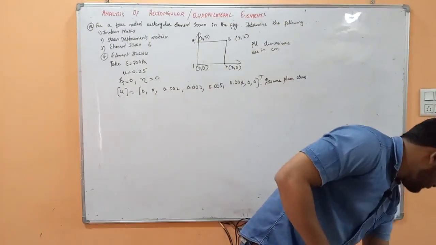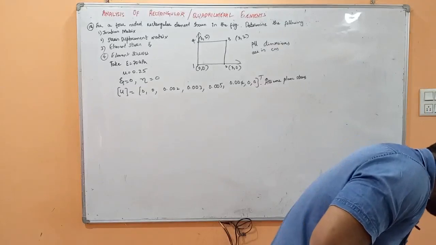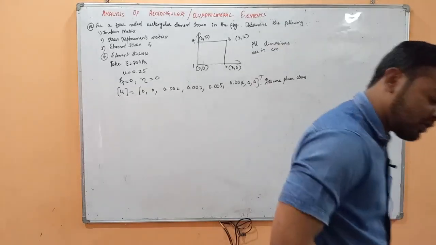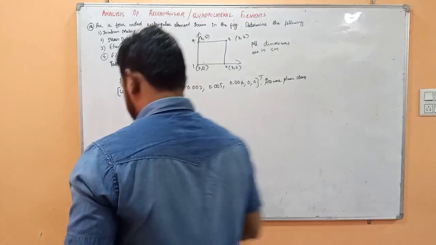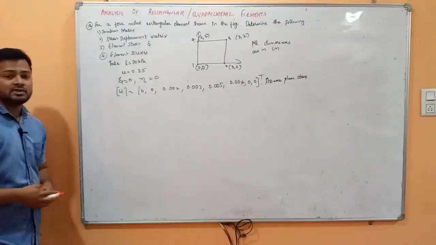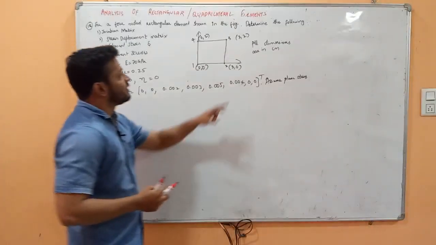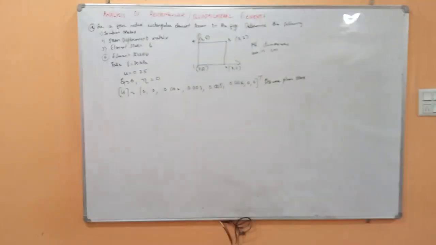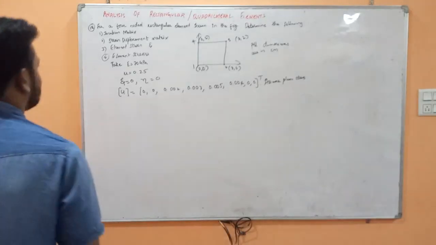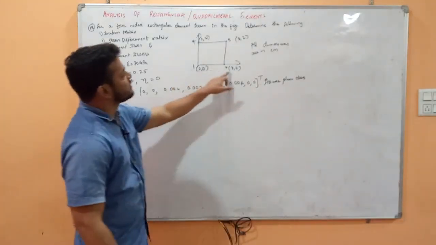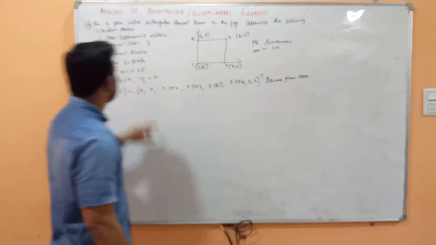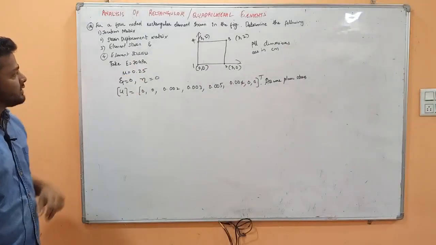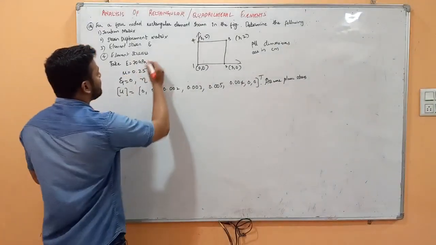So first we have to find out the Jacobian matrix. In order to find out the Jacobian matrix, we need shape functions. But before solving this problem, if we notice, the dimensions are in terms of centimeter. So everything which is given in the question should be in terms of centimeter. So these dimensions are in terms of centimeter, and this is given as gigapascal. And what do you mean by gigapascal?